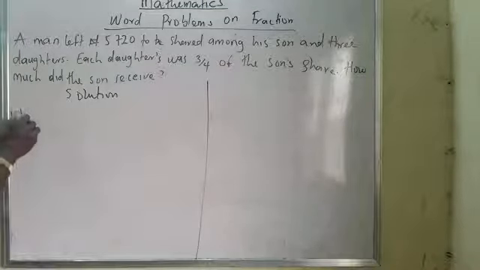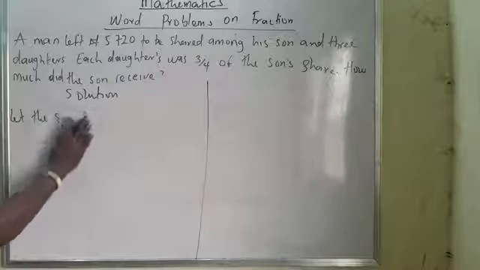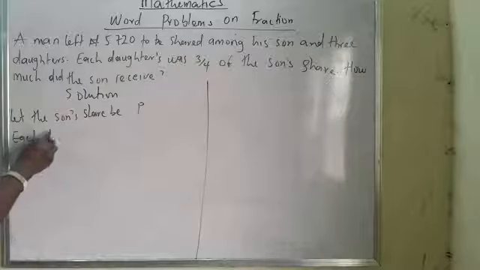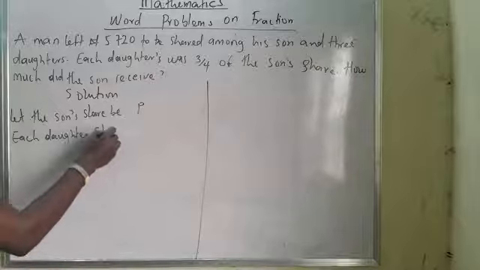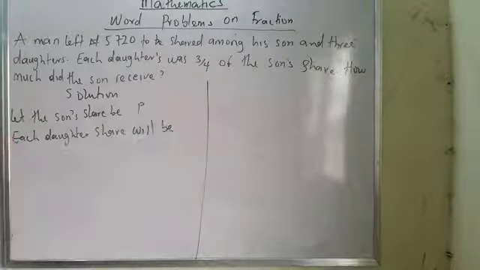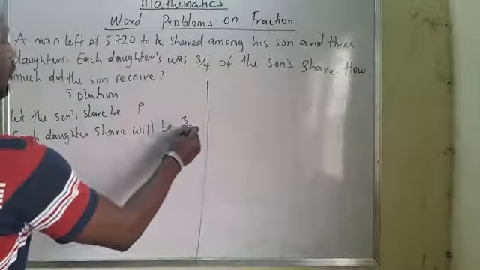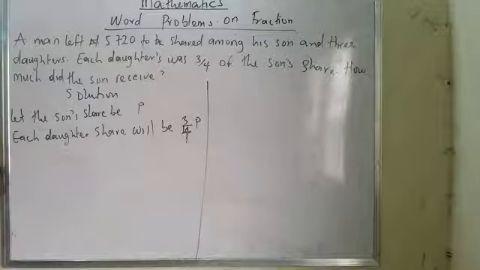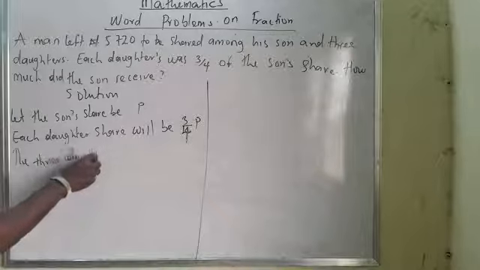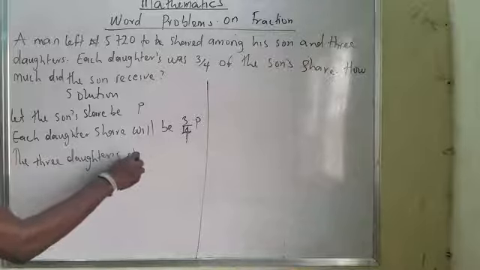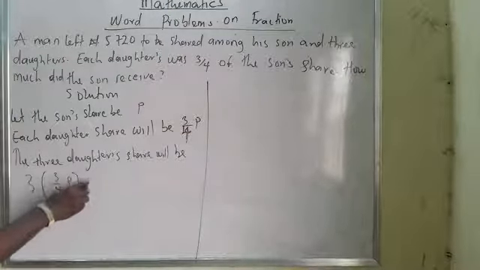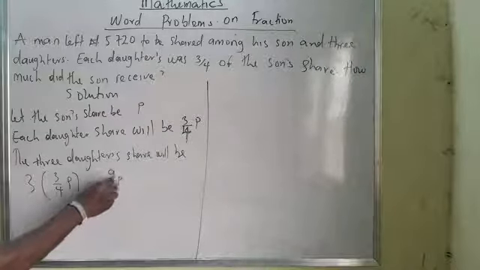Let the son's share be P. Each daughter's share will be 3 all over 4 of P. Now it means the 3 daughters' share will be 3 times 3 all over 4 of P, which will be equal to 9 all over 4 P.